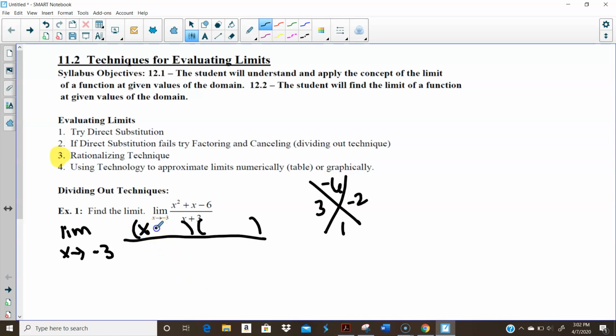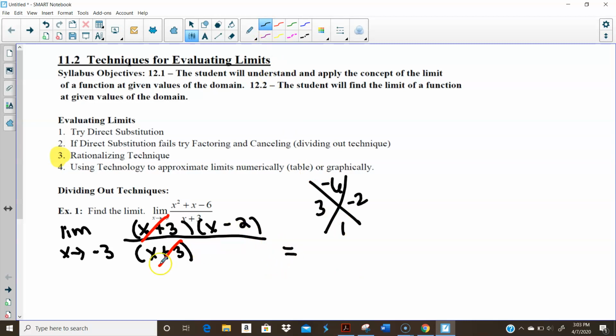So this is x plus 3 and x subtract 2 over x plus 3. Sorry, I'm writing over the original problem, but it's all good. All right, so the x plus 3's are going to cancel. And now I can just go ahead and use substitution.